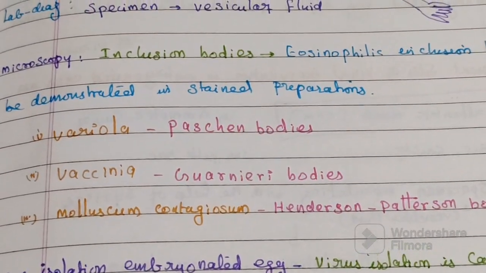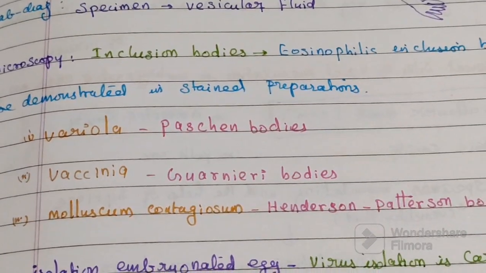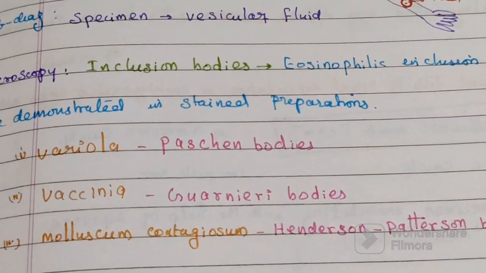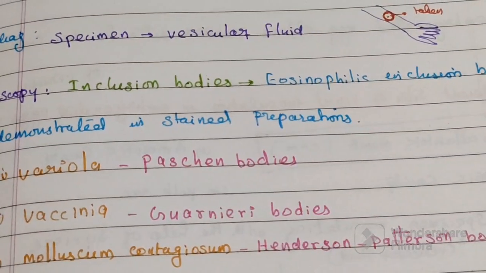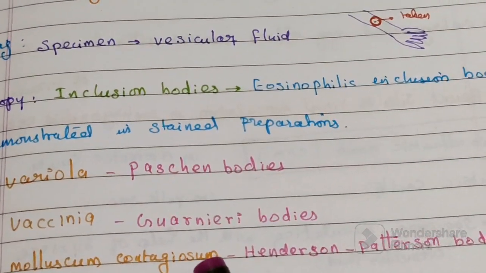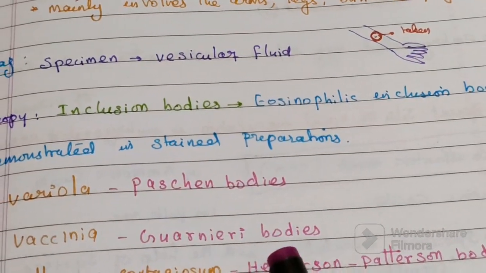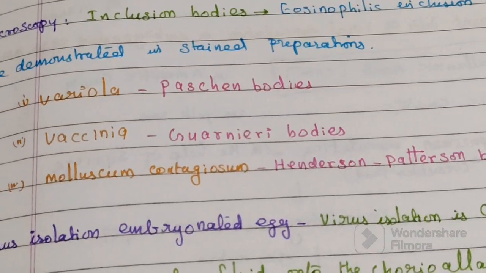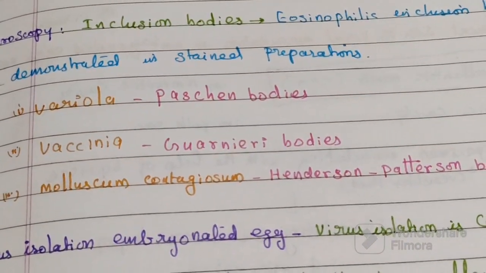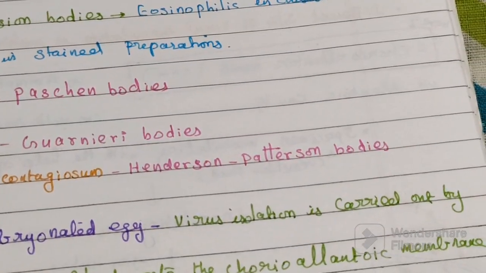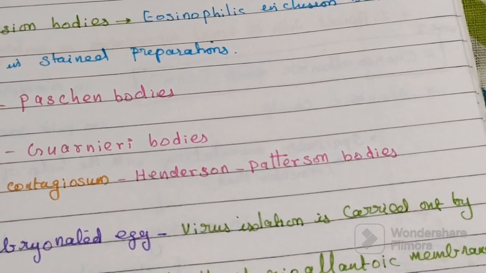What are the names of the inclusion bodies? In the case of Variola, the inclusion bodies are called Paschen bodies. In Vaccinia virus, Guarnieri bodies. Then Molluscum contagiosum has Henderson-Paterson bodies. These are the scientists' names.